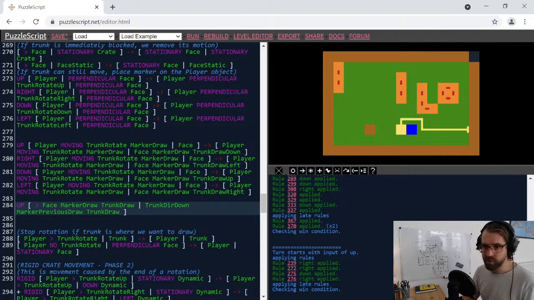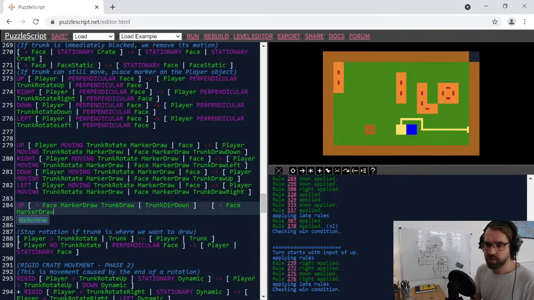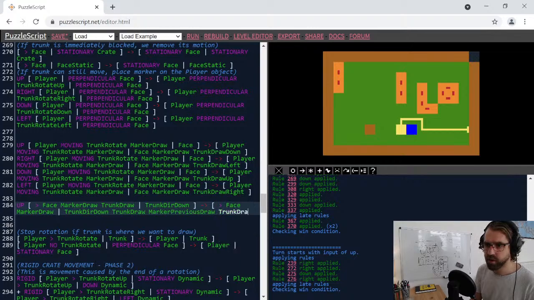No, I've done this wrong. What am I doing? I need to add those things. Face, marker draw, trunk draw, I'm moving, so trunk draw, trunk draw down, trunk draw, what's the rest of this to add? Marker previous draw, yes, there we go.